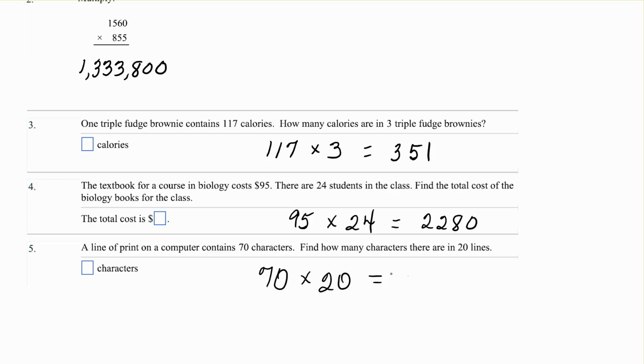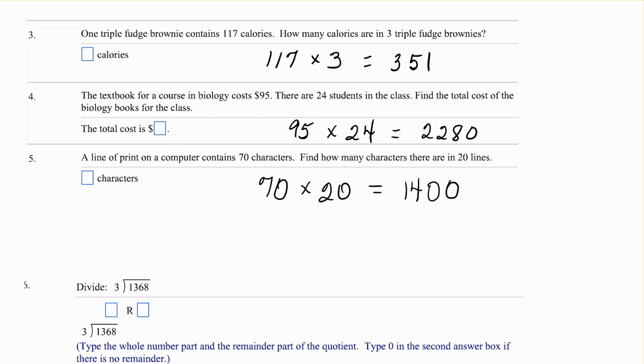Now, you can use a shortcut here. You can say 7 times 2 is 14. There's a 0 and there's a 0, so put 2 zeros, so it's 1400. Or we can check it with our calculator. 70 times 20 is 1400. So try shortcuts once in a while and check them with your calculator.